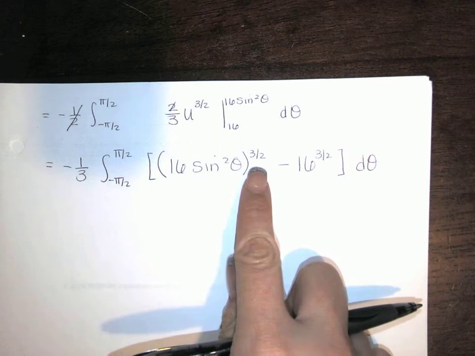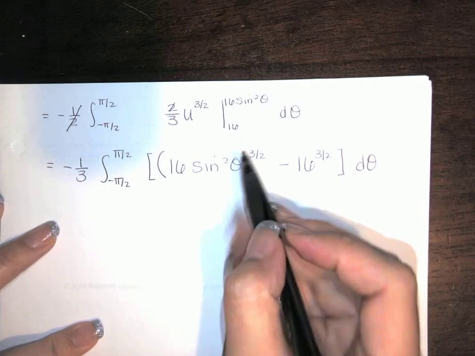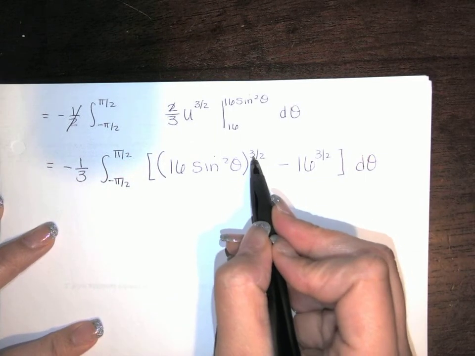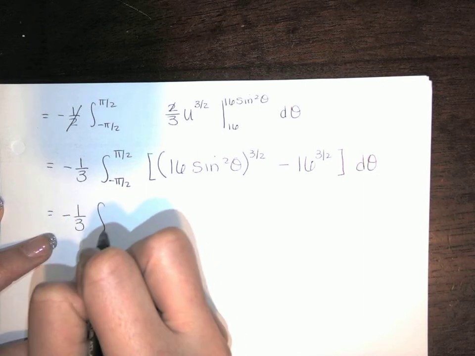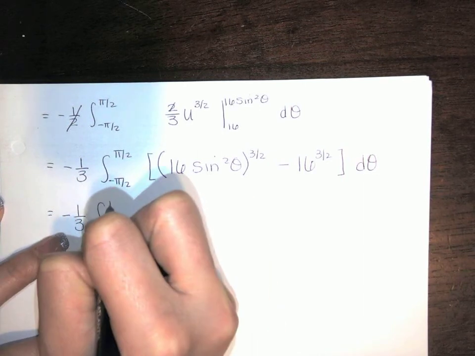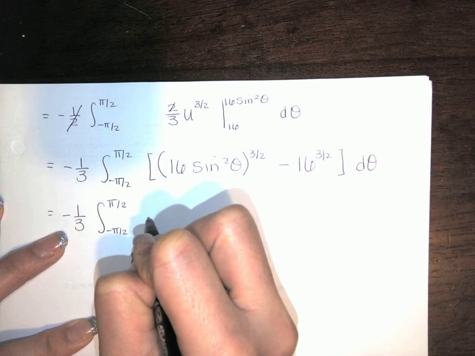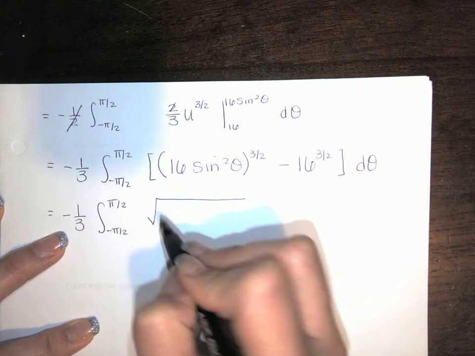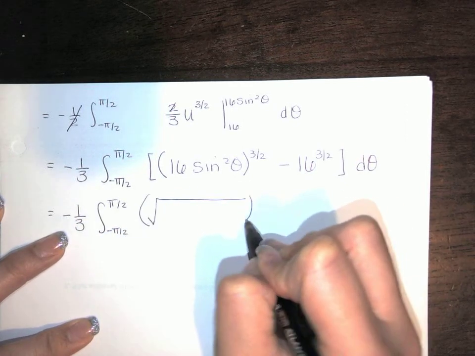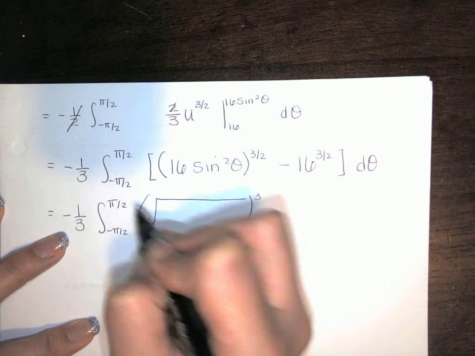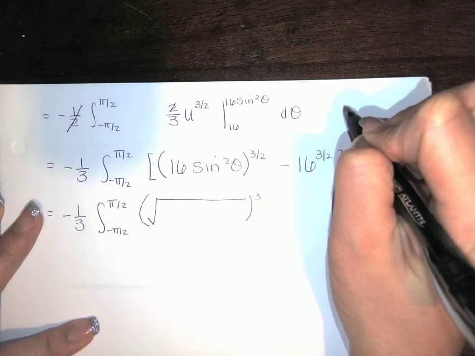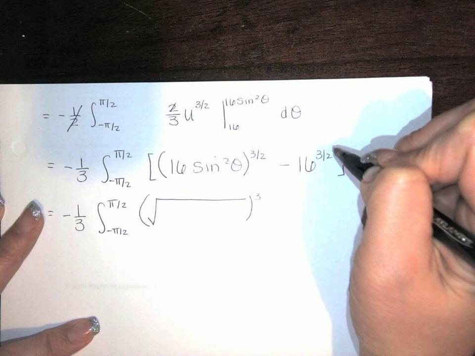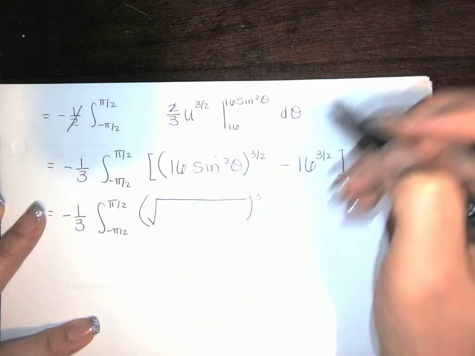Well, this is the square root of something cubed. Now we have a bad habit in math of sometimes simplifying things that only simplify in very special cases. Well, I'll get back to that in a second.